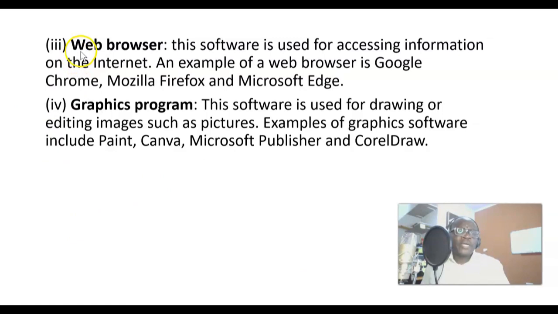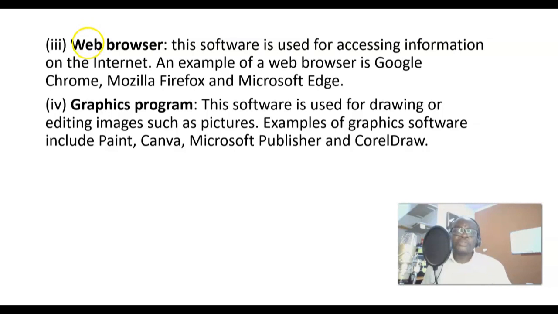Another type of software, or computer program, is the one called a web browser. A web browser is software that you use to access information on the internet. For example, for you to listen to me right now, you are using the internet. Now, you don't just need the internet. You need a program that enables you to log into Google Classroom and to be able to access these lessons we are having.